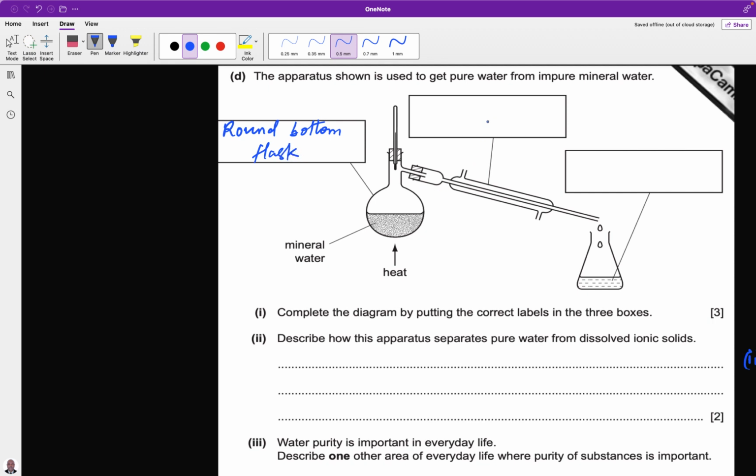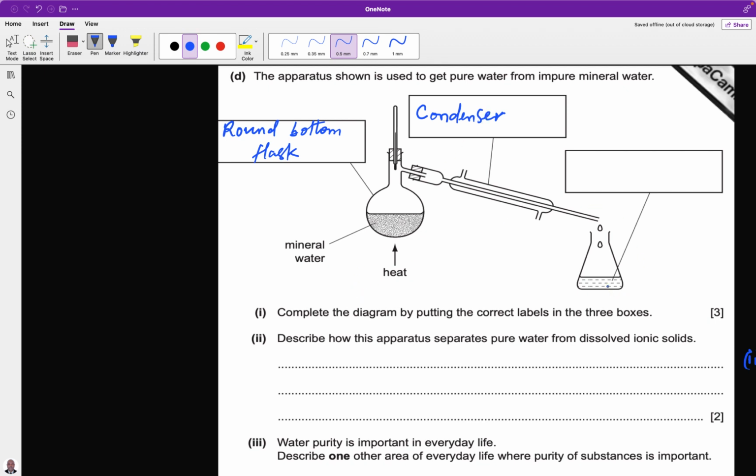Now, this is a condenser. We can label this condenser. You can say condenser or condenser tube, no problem. Same thing, condenser.